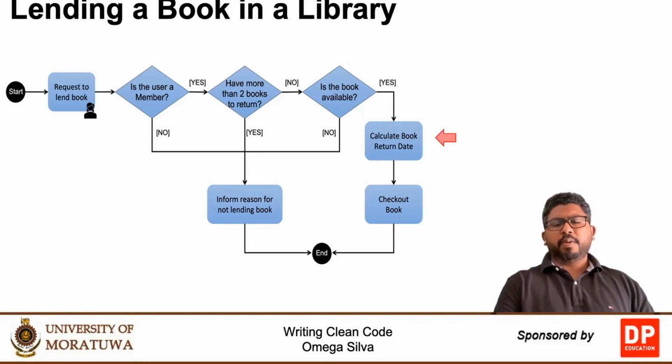Then it calculates the requested book's new return date, and then assigns the book to the member and assigns the new return date, which we call the checkout process. If any of these validations fail, the system would send a message to the user on why the book lending process could not proceed forward. And after that, it ends the process.